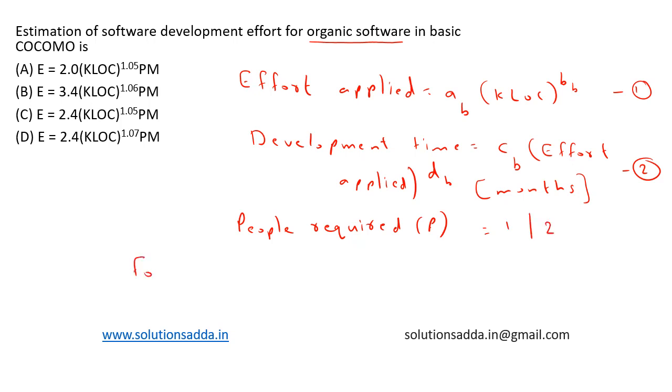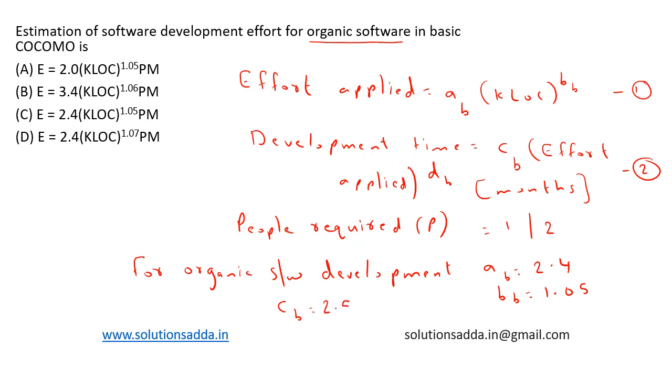And for organic software development, AB equal to 2.4, BB equal to 1.05, CB equal to 2.5, and DB equal to 0.38.